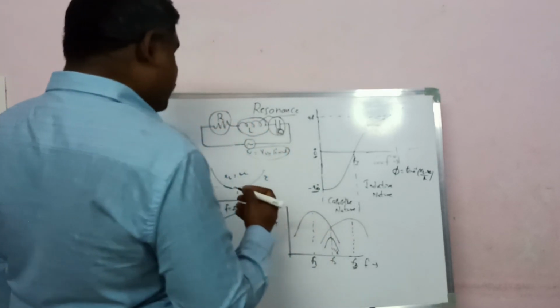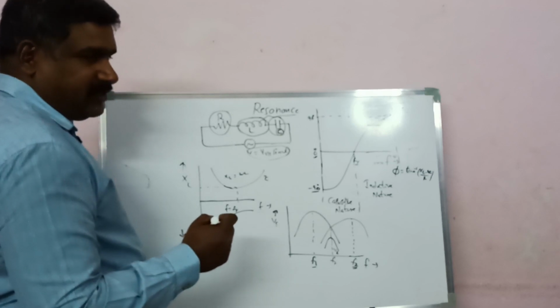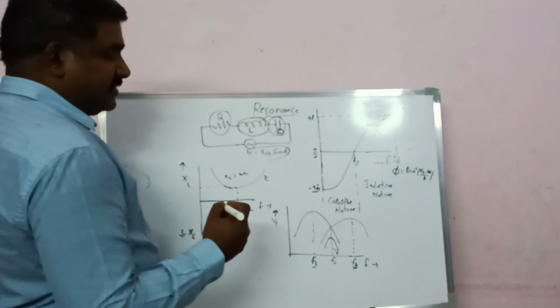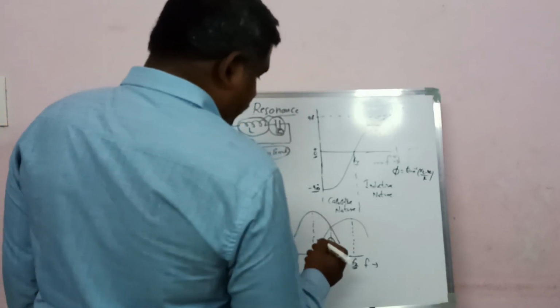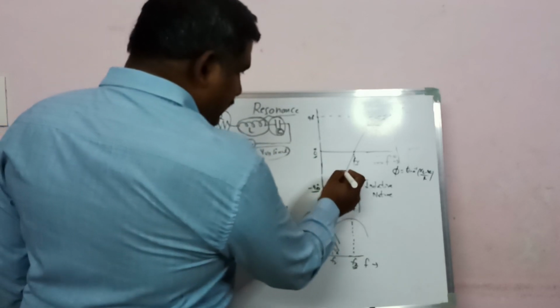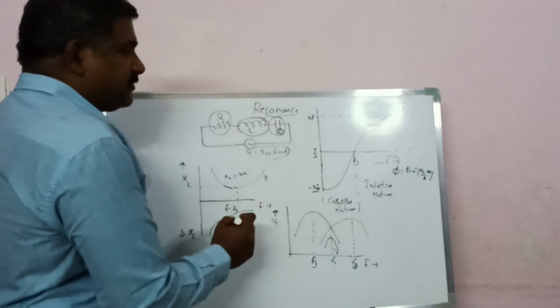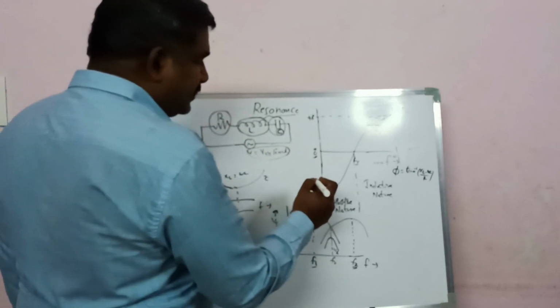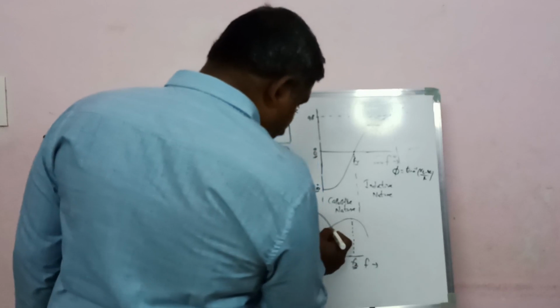As I was explaining regarding the concepts of resonance, once resonance occurs, the two values are equal in magnitude but exactly placed 180 degrees apart from each other, so they cancel each other. That is shown here.